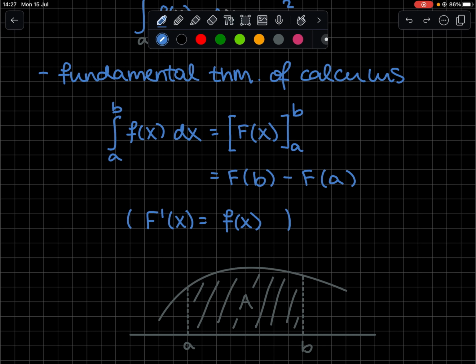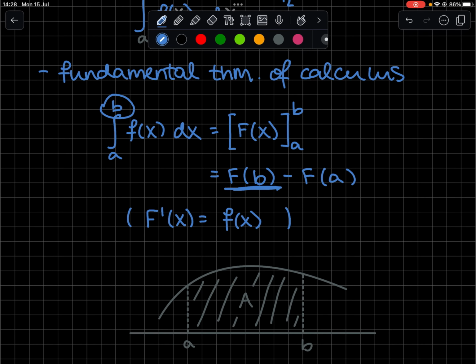Well, capital F is just the antiderivative of whatever function we have here. So to evaluate a definite integral like that with boundaries, what you have to do is first determine the capital F function, the antiderivative. So you have to determine the indefinite integral first, and then you just evaluate that integral at B, and you evaluate it at A, and then you look at their difference. And that is the answer to the problem, okay?